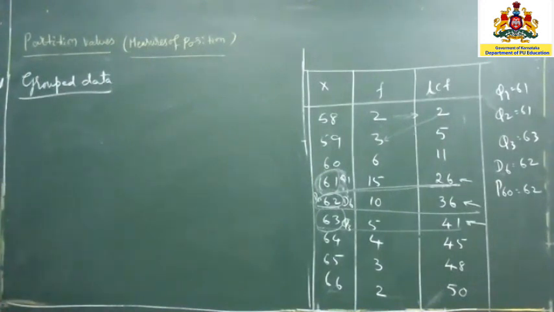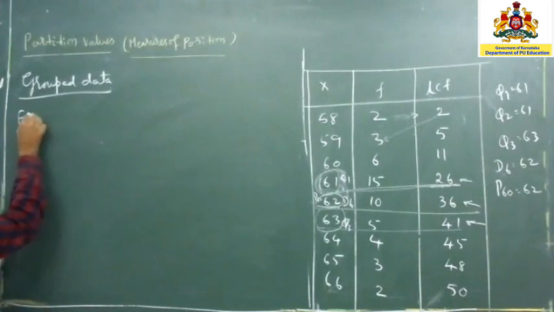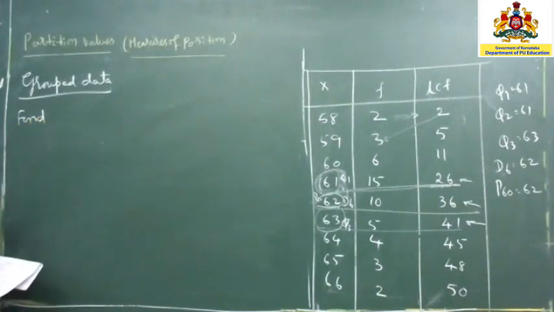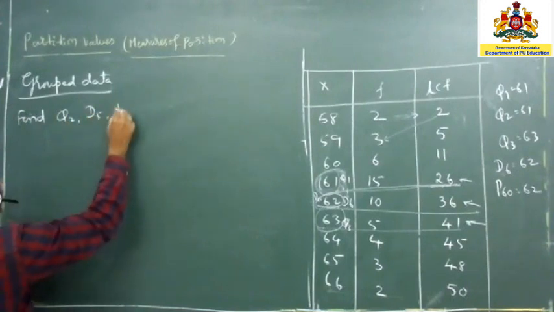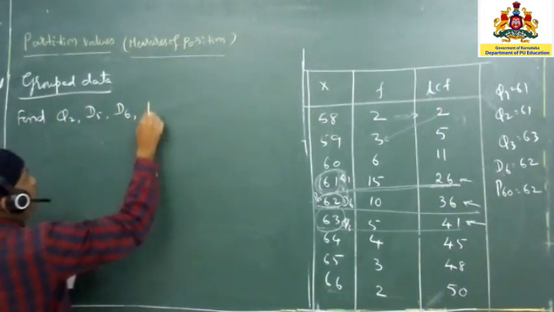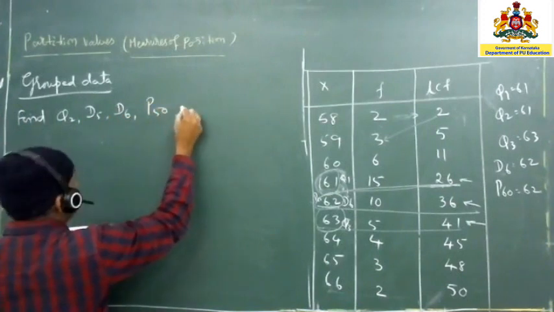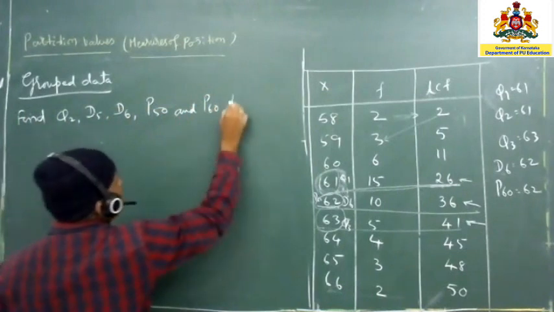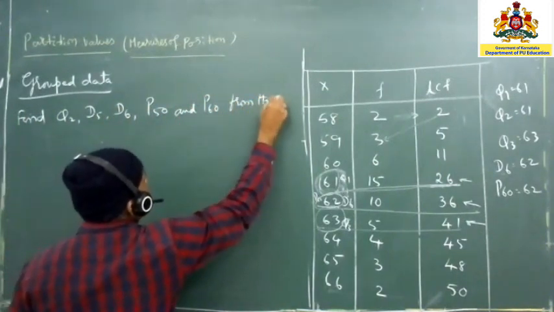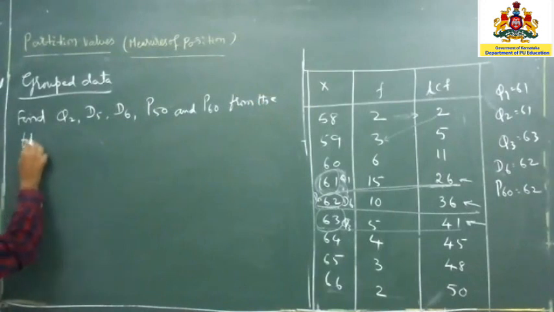Now let us take one example to understand the grouped data. Find Q2, D5, D6, P50 and P60 from the following data.